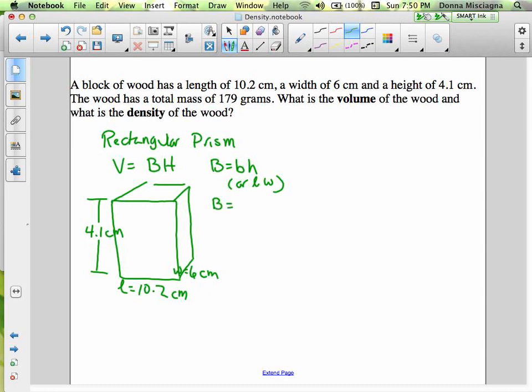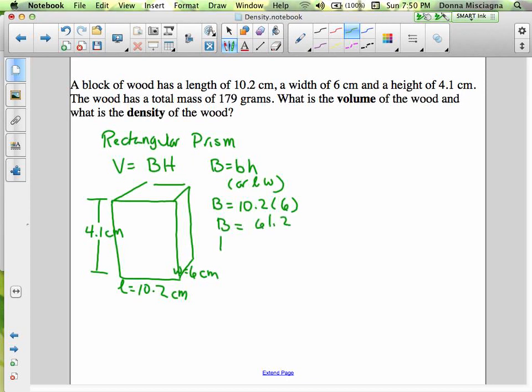All right, so the area of the base is going to be 10.2 times 6. So the base is 61.2. Let me just check that. Yep.